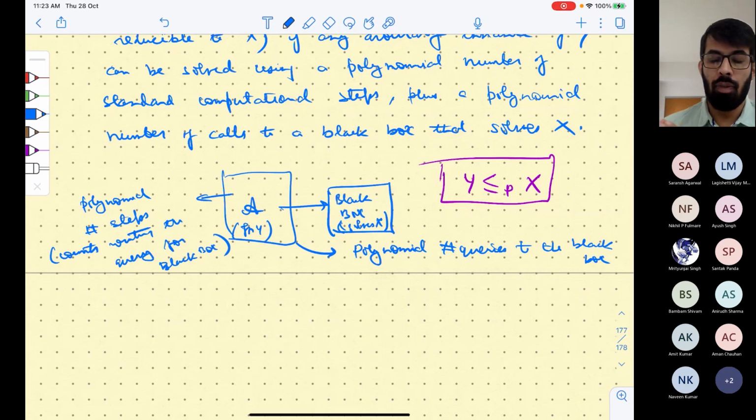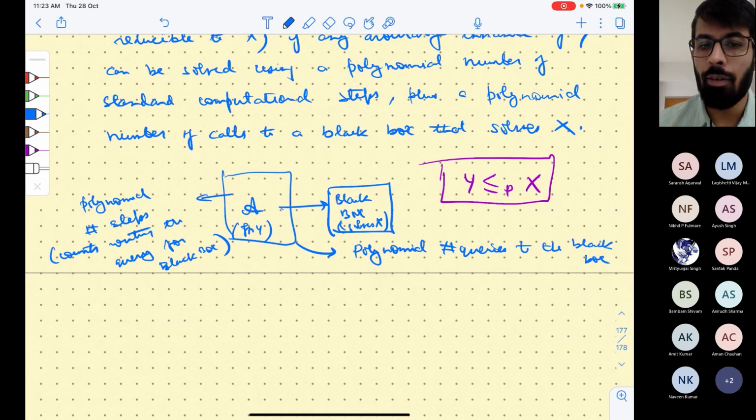Since we have to write every bit of the input that we send to the black box, that counts in the number of steps, so the input size to the black box cannot be more than polynomial.